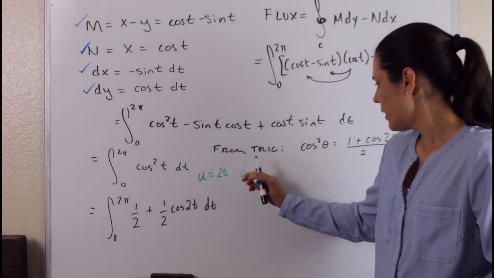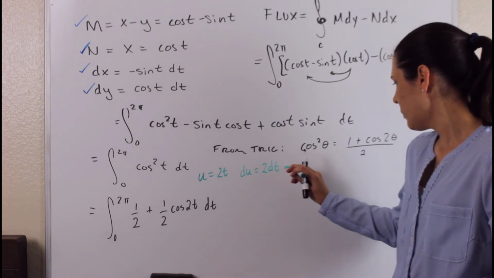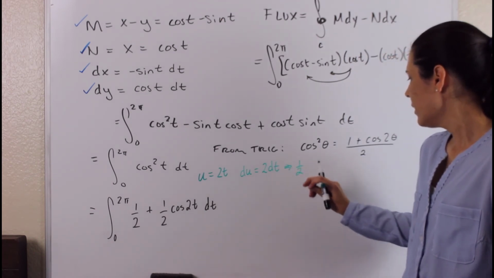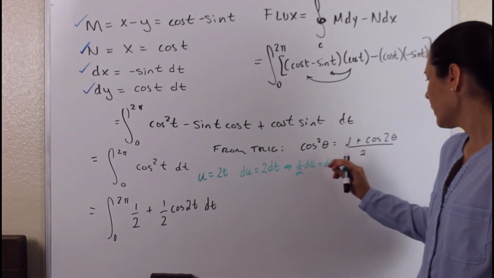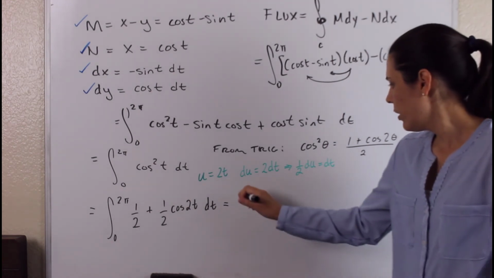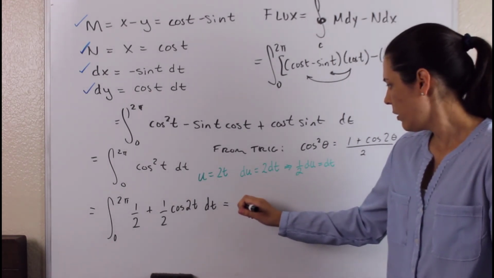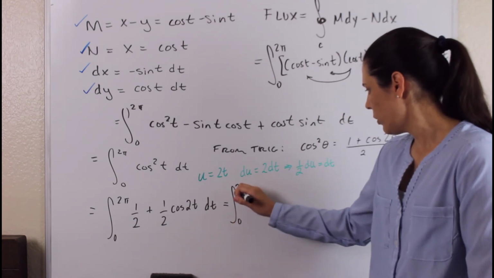And then that means my du is 2 dt, which means I'm going to end up dividing by 2. So 1/2 du replaces dt. So we have, and we'll kind of do it all at once. Well, I won't skip any steps. I was going to jump into the next one, but we'll go through it.